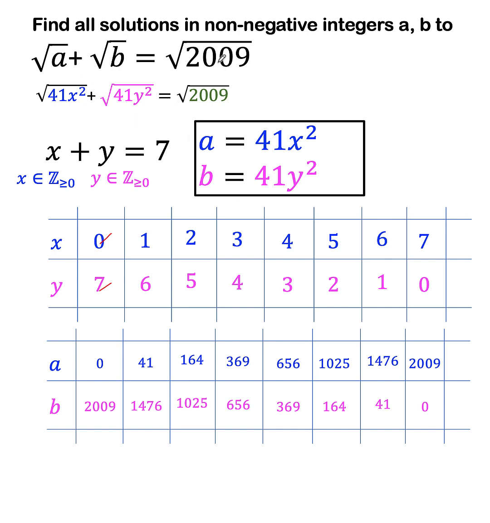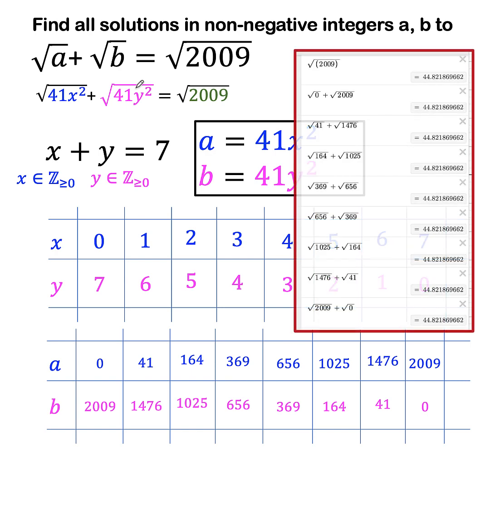But as I have said, since we square both sides of the equation, it's possible that we introduce extraneous roots. So we are going to test each of these ordered pairs in the original equation. And to check them all, here is now the result computed using Desmos graphing calculator. The square root of 2009 is approximately 44.82. Then we substitute a equals 0 and b equals 2009 here. The result is equal to the square root of 2009.